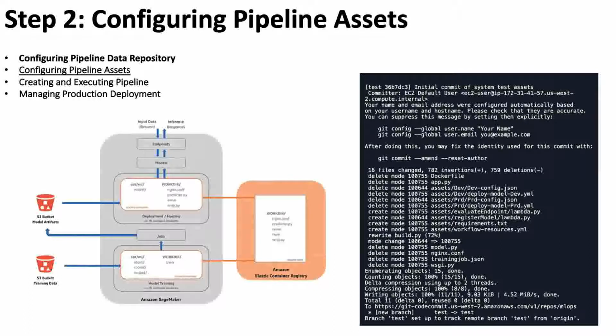Then you also have system test files. How do you run system test scripts? Essentially, step one gives you a repository to store your assets. In step two, you create the assets. You keep these assets in these containers, S3 buckets, and the CodeCommit repositories.